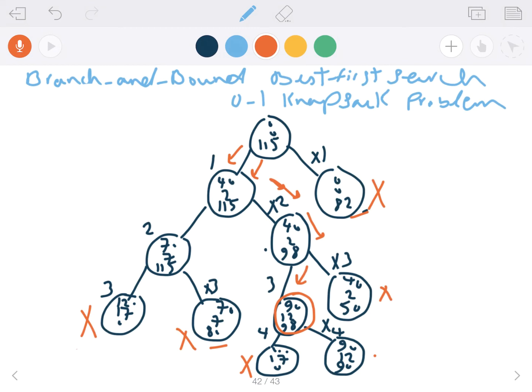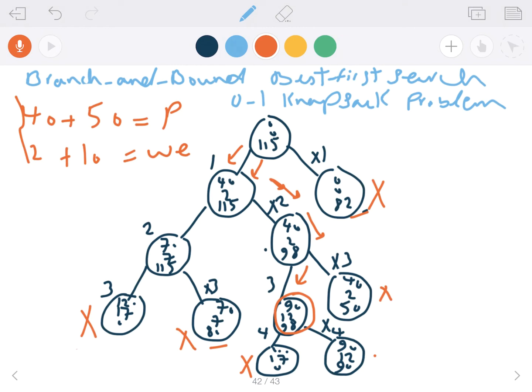Item number 1 has a profit of 40, and item number 3 had a profit of 50. The weight for this one was equal to 2, and for this one was equal to 10. Together, that's my total profit and the total weight that I am picking. So that's how branch and bound works for the 0-1 knapsack problem.